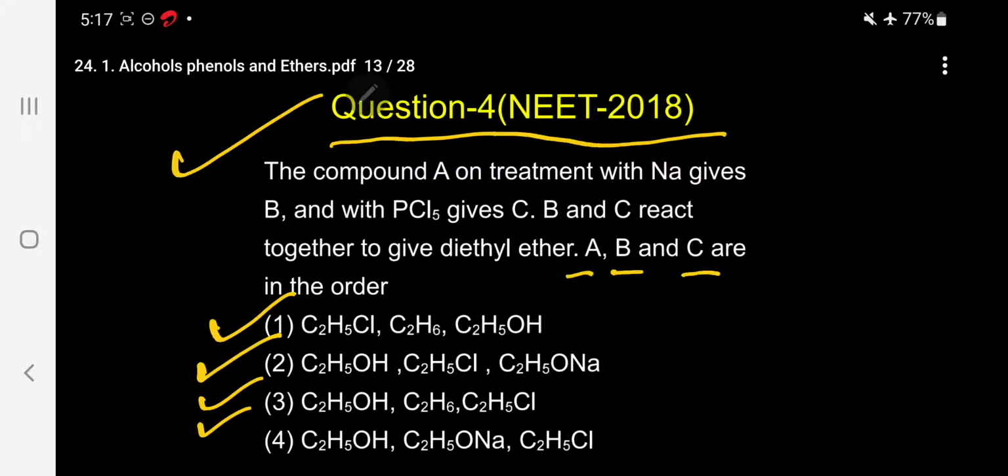So for this, what we have to do now: first, compound A on treatment with sodium gives B. Kindly follow.